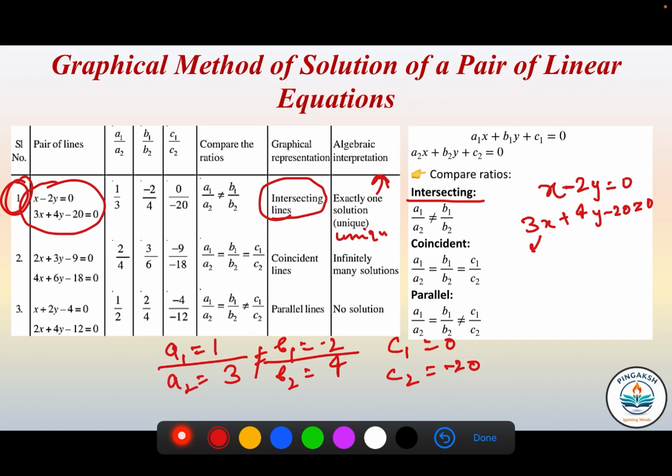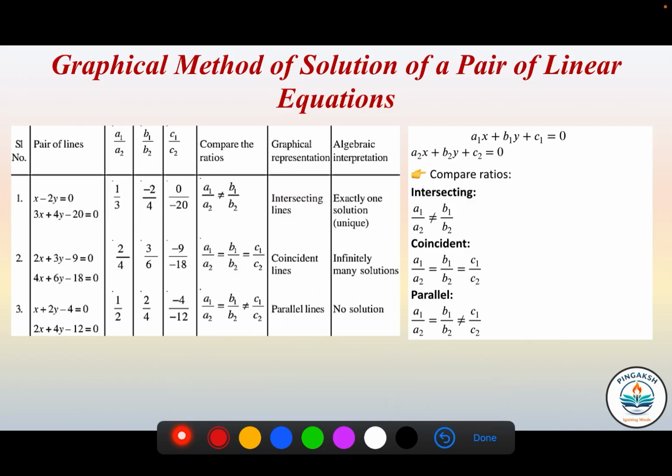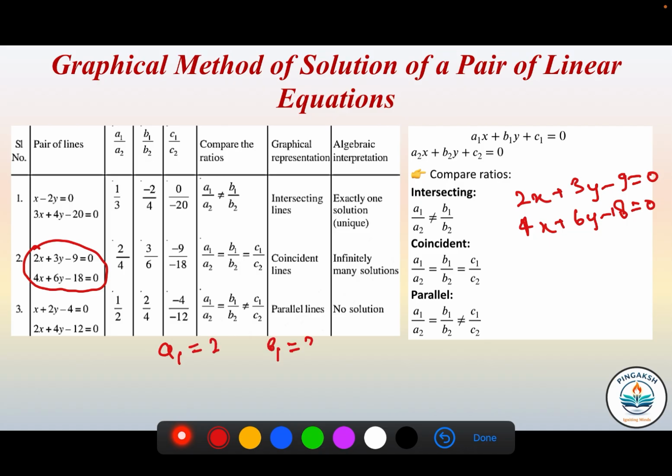Similarly, here we can see the equations 2x plus 3y minus 9 and 4x plus 6y minus 18, both equal to 0. Here a1 is 2, b1 is 3 and c1 is minus 9, and a2 is 4, b2 is 6, c2 is minus 18.